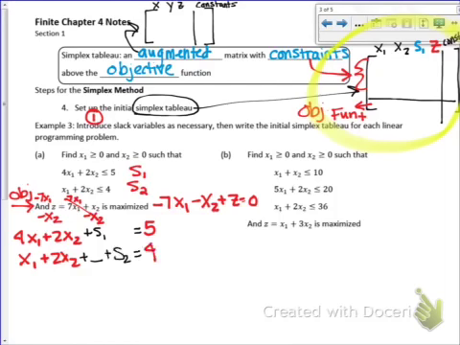And then I'm going to bring down my 4 for that second constraint. Now I'm going to rewrite my objective function below my constraints, just like it said up there. So I have negative 7x1, line everything up, minus x2. There's no s's in your objective function, but there is a plus z way out here at the end, and you're going to keep that an equal sign, and then that one's equal to 0.